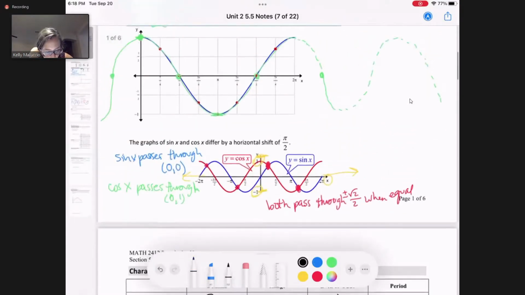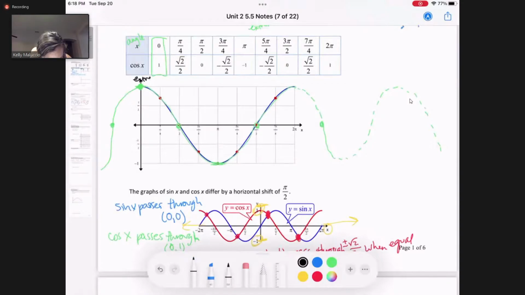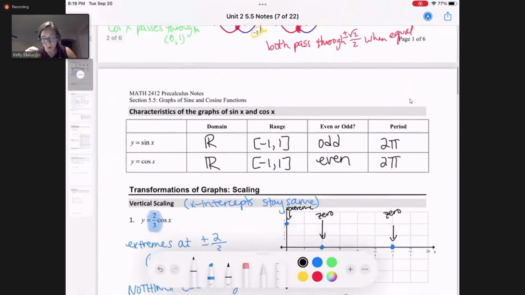If we look back at this cosine curve, we had extreme, 0, extreme, 0, and then we ended here, extreme. I was getting a little ahead of myself. But notice how the extremes that are equal are at the beginning and the end of the whole period. And then the lower extreme is in the middle.